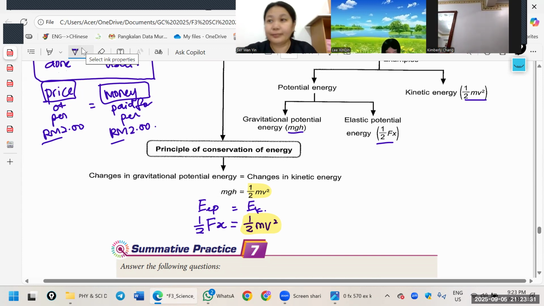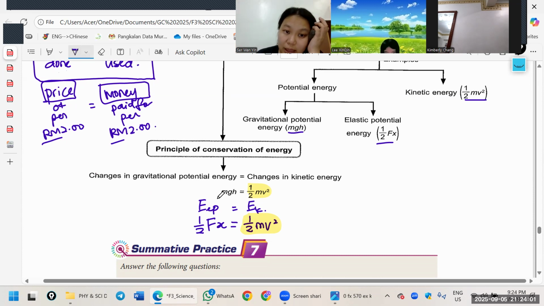Where's my rubber band? Okay, now. See, this one is elastic potential energy. Now it has elastic potential energy, but if I release it, it will move and become kinetic energy.